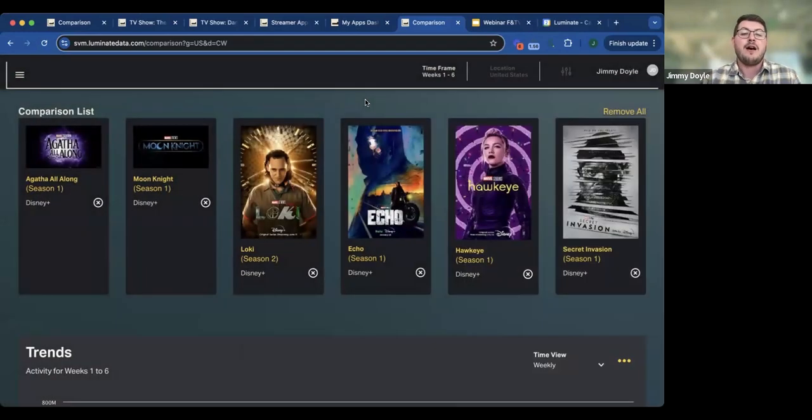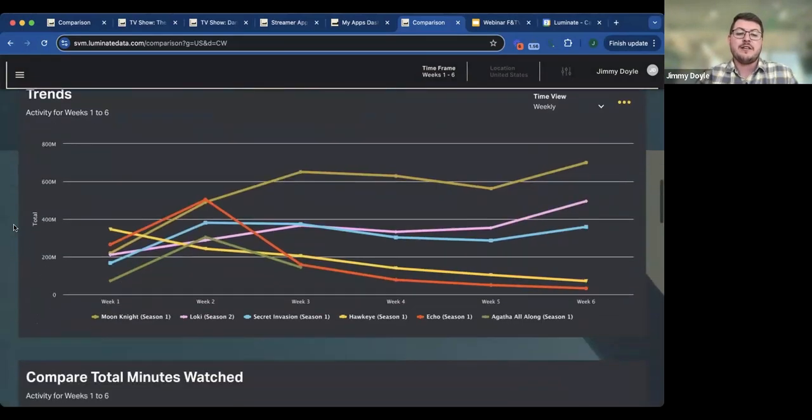So this will be from the first week of release to the 6th week of release. So we don't have to look at these across the same weeks. We can actually look at how a title's performed since release across different titles. It makes it really easy to look at comparative titles and understand how they're performing relative to each other.